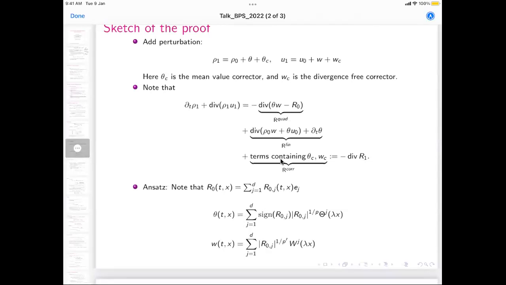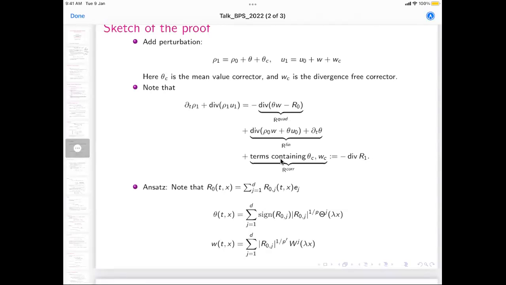So what I'm saying is that the theta w product, partially this will cancel. And whatever rest will stay, that will be small. That's what we do.